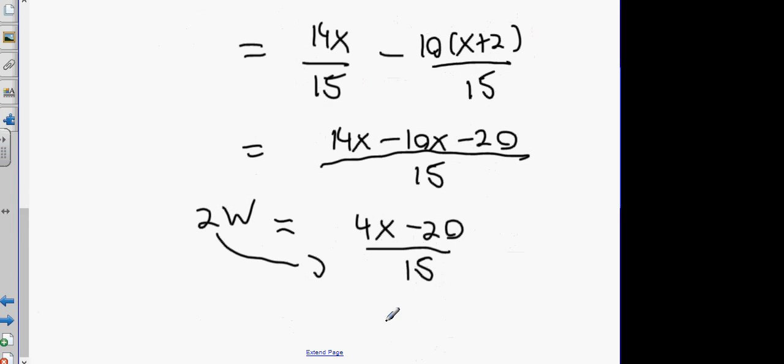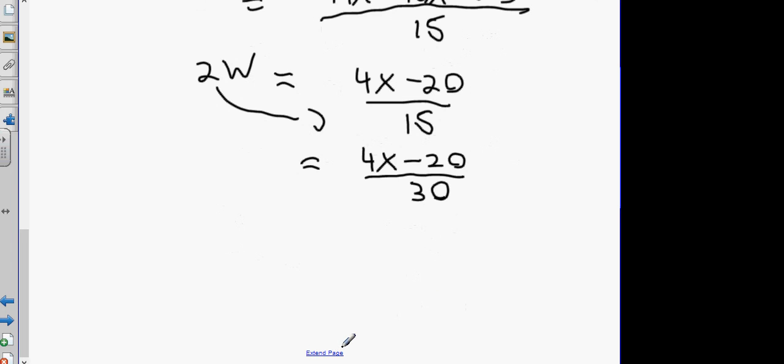Now, the thing to remember is that's 2 times w. Sending the 2 down is in effect, you're now dividing it by 30. You could keep it like that if you want, but there's an obvious thing that they're all even numbers. So I'd like you technically to factorize the top. Oh, sorry, factorize before, excuse me.